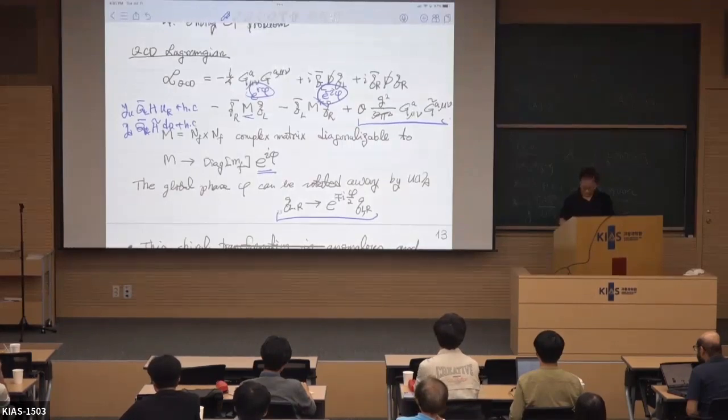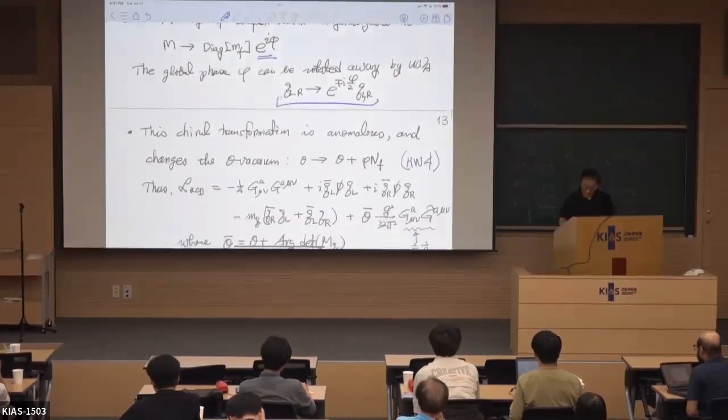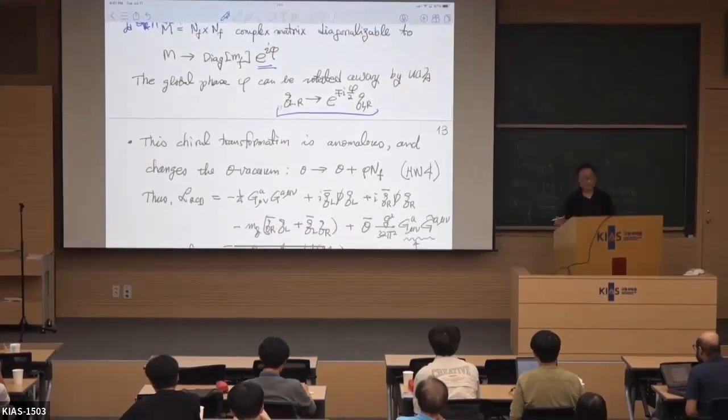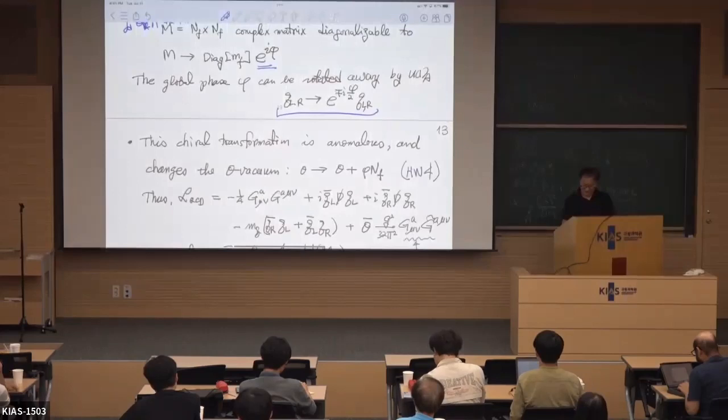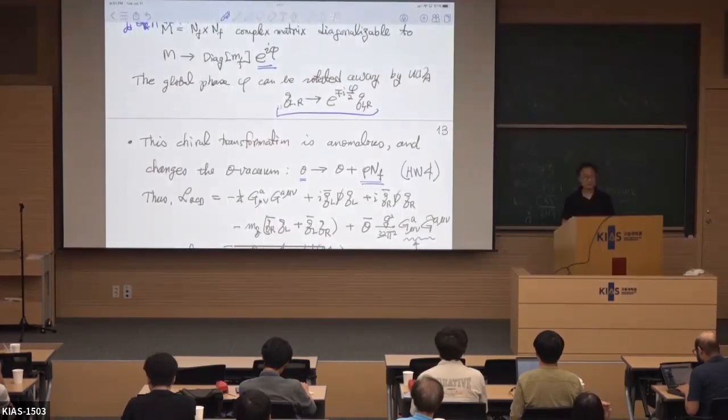And we know that this is a U(1)_A anomalous transformation, so this will change the theta value to theta plus 5 times the number of quarks, N_F. Now we have 6 quarks, so theta goes to theta plus 5 times 6.